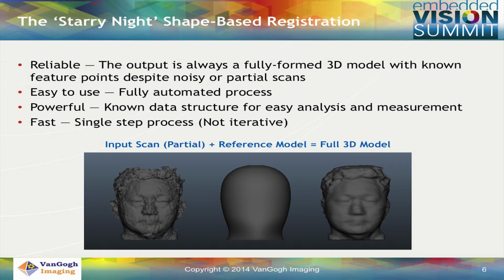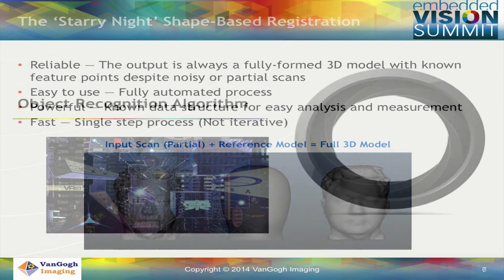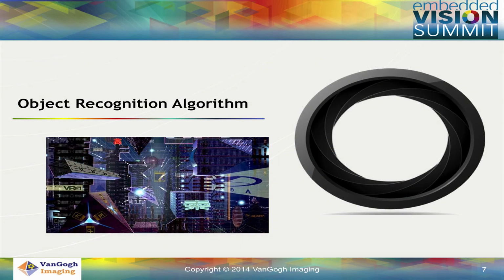So you start with a fully formed 3D model, use the scan points to modify it, and you still end up with a fully formed 3D model. The great thing is that you have 100% knowledge of the data structure of that 3D model: the relationship of every point to all the other points. So it makes it very easy to do pretty much anything, feature detection or measurement or what have you.